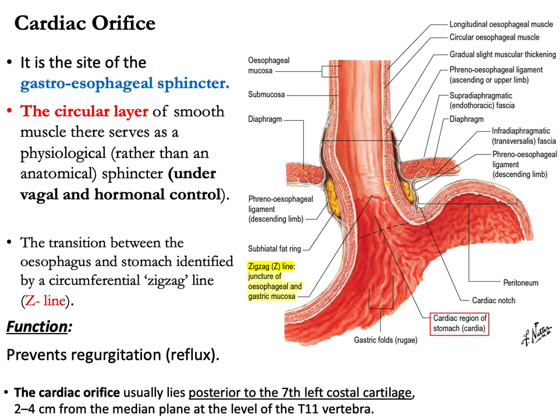But surgeons and endoscopists usually use a zigzag line to indicate the junction between the mucosa of the esophagus and the mucosa of the stomach. The esophageal mucosa is usually pale pink in color, while that in the stomach is red and a little bit dark, right? So the zigzag line is the transitional point between the esophagus and the stomach.